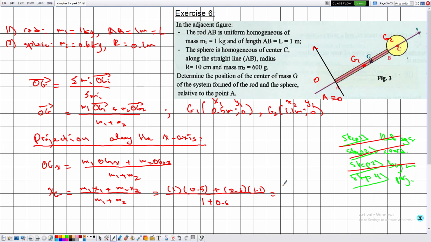Now plugging this fraction into the calculator, we have that xg is equal to 0.725 meters. And now we expect that yg must be 0 because G1 and G2 lie along the x-axis, but let's double check. So xg is equal to 0.725 meters.